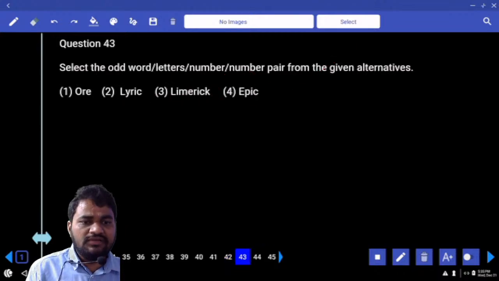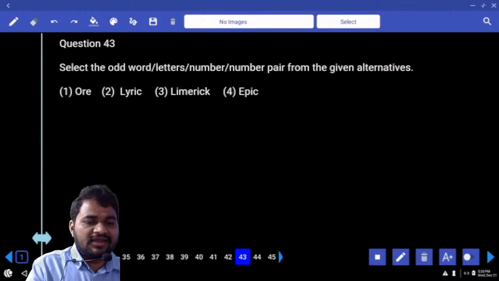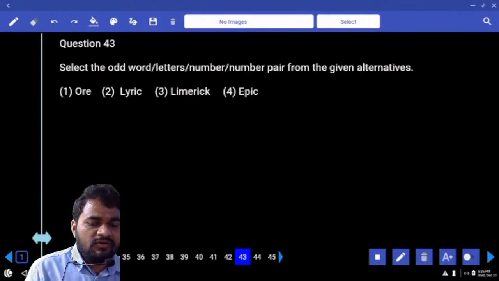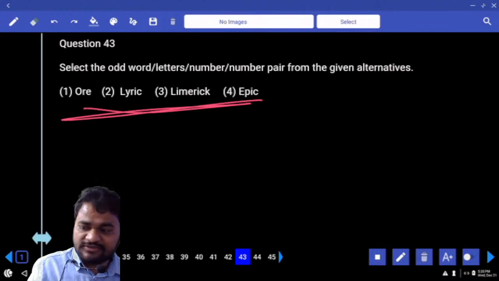Next, 43. Do you know what is the odd one in this question?